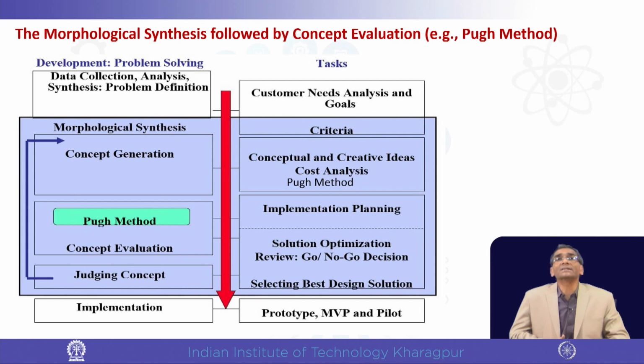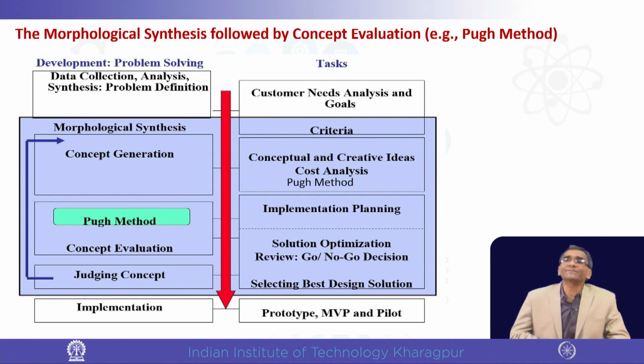We have discussed morphological synthesis, or the matrix as we are discussing here, for concept generation. But generation is one part, and from the many generated outputs, one is the judicious decision and the other is some systematic method again.